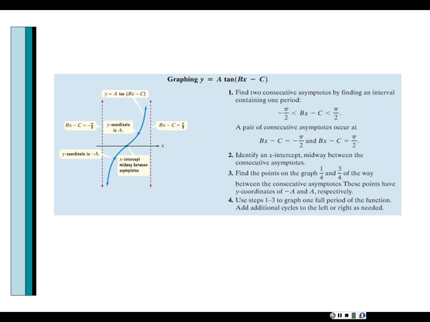So all you are doing is, first you will find 2 consecutive asymptotes by finding an interval. But remember, that interval will be, in most of the cases, negative pi by 2 and positive pi by 2.